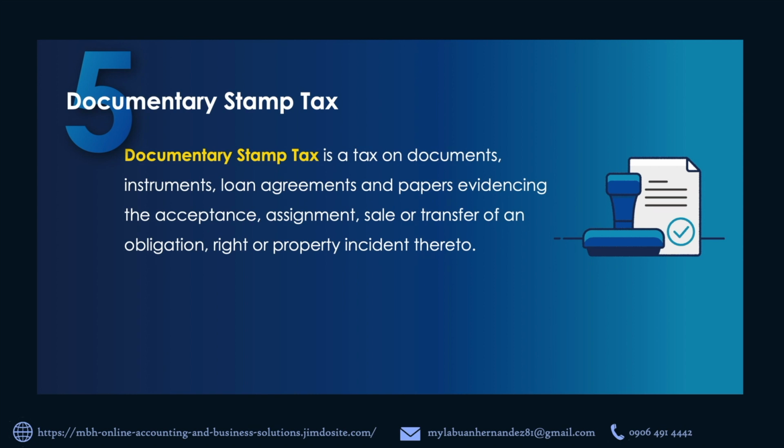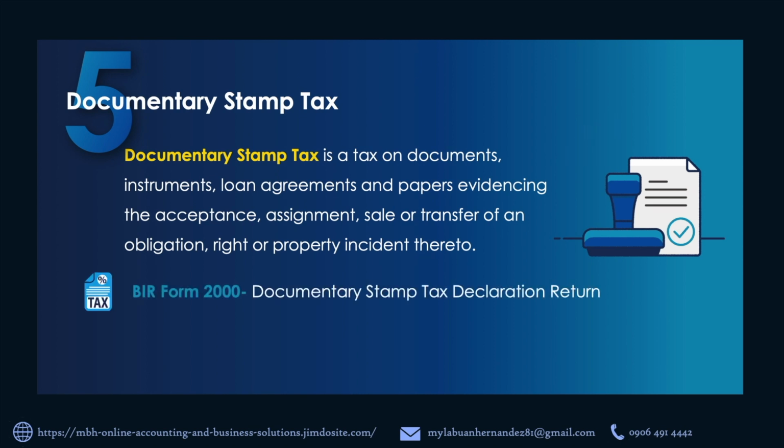We have two forms for this type of tax. First is the BIR Form 2000 or the Documentary Stamp Tax Declaration Return, which shall be filed within 5 days after the close of the month when the taxable document was made, signed, issued, accepted, or transferred.